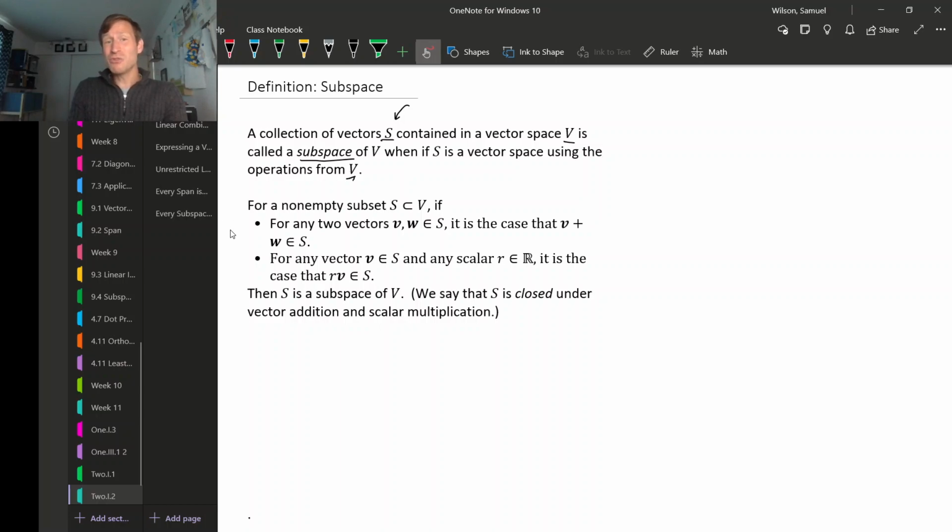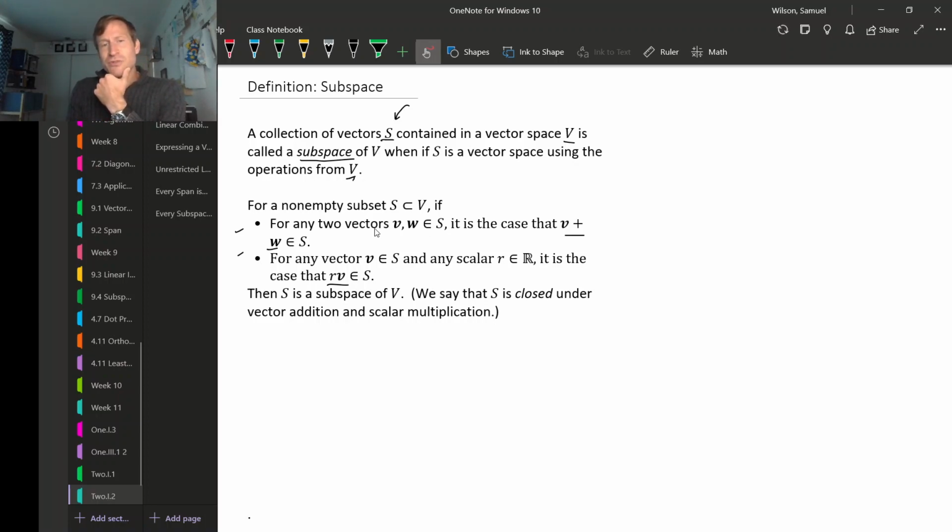But it turns out those are actually the only two things we have to check. So if we have a non-empty subset of a vector space, and it's closed under addition, and it's closed under scalar multiplication, then that subset is actually a subspace of V. So really, the only things you have to check are the two closure axioms, which, to be a vector space, of course it has to be closed.